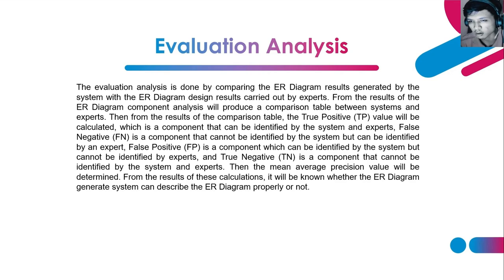Then from the comparison table, the true positive, or TP, value will be calculated, which is a component that can be identified by both the system and the expert. False negative, or FN, is a component that cannot be identified by the system but can be identified by the expert. False positive, or FP, is a component that can be identified by the system but cannot be identified by the expert. And true negative, or TN, is a component that cannot be identified by the system or the expert.